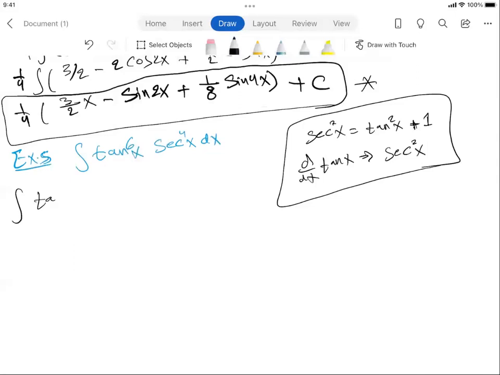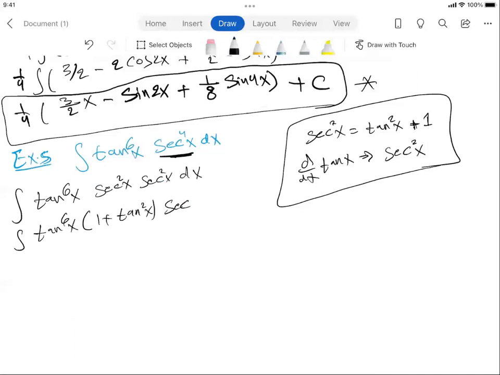Then I have tangent 6x and secant square of x times secant square of x dx. So I'll break the secant to power 4. Then this becomes tangent 6x, secant square equal 1 plus tangent square of x, and the second term simply secant square of x dx.